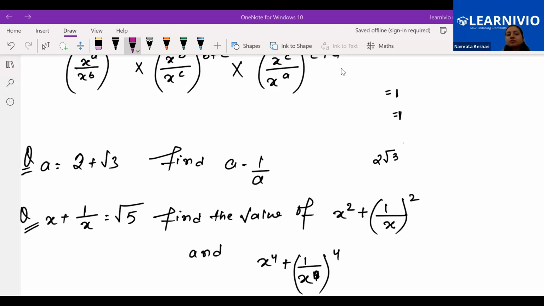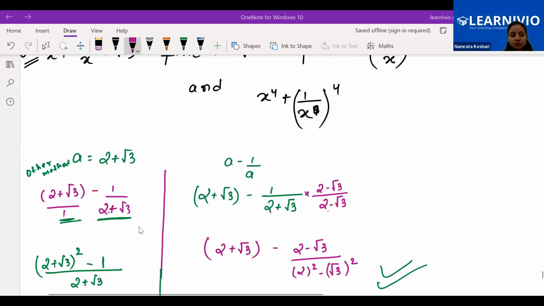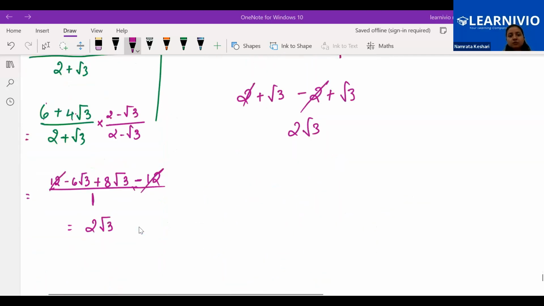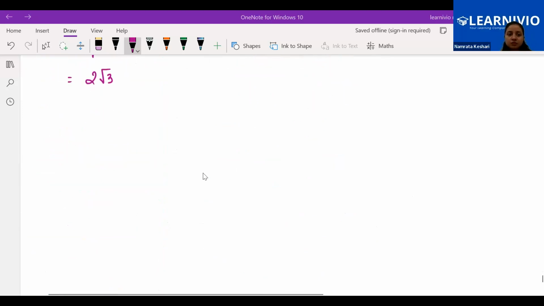We are having x plus 1 by x is equal to root 5. And we have to find x square plus 1 by x square. Okay, that means basically we have to find x square plus 1 by x square.